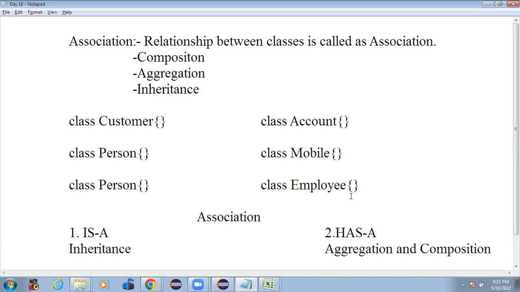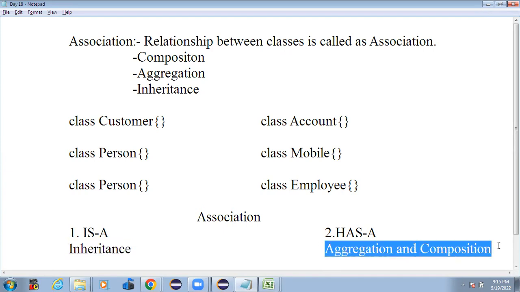So association, the relationship between the classes, can be an is-a type or a has-a type. The is-a type is represented by inheritance, and the has-a type is represented by aggregation and composition.